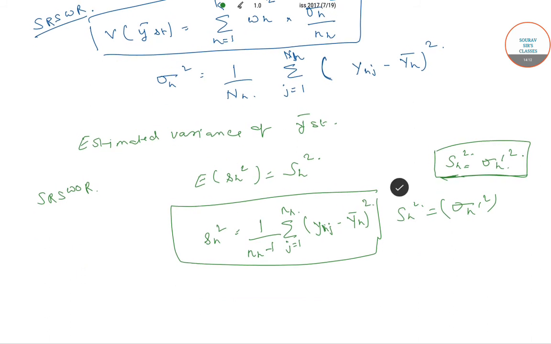So we would have our estimated variance of ȳ_st denoted by v̂(ȳ_st).